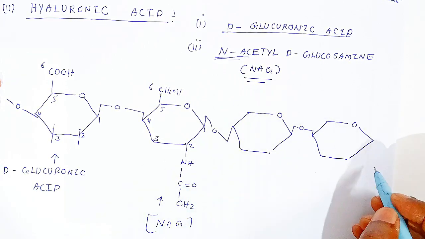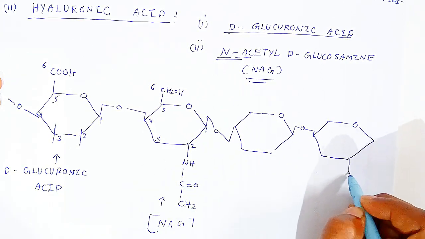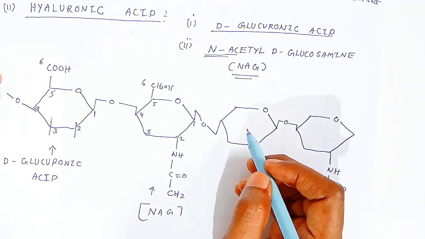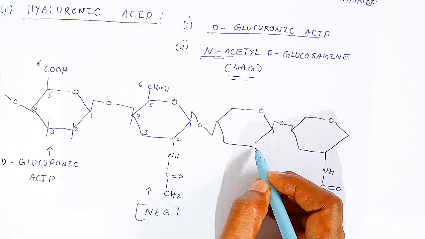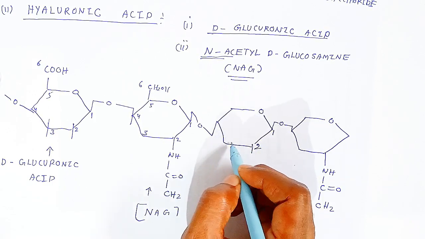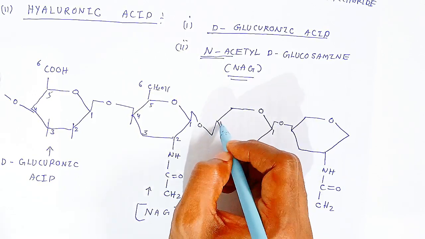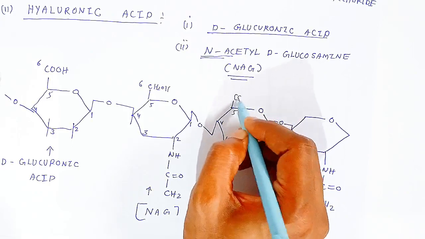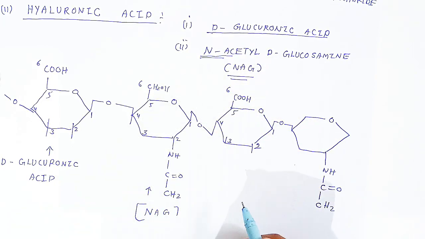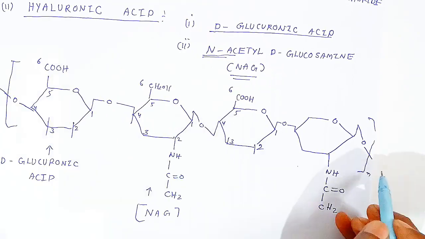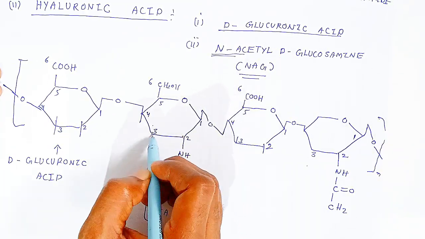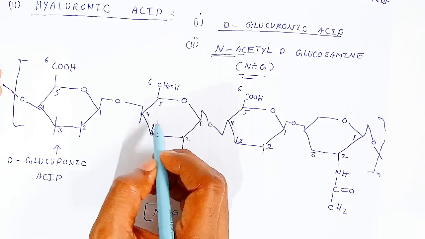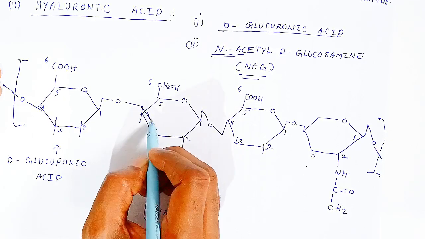Now there is an alternate NAG monosaccharide, students. This is carbon number 1, carbon number 2, this is carbon number 3, 4, this is carbon number 5, carbon number 6. Mostly, students, carbon number 3 with a methyl group is involved in the bonding. So I am drawing like this, students.